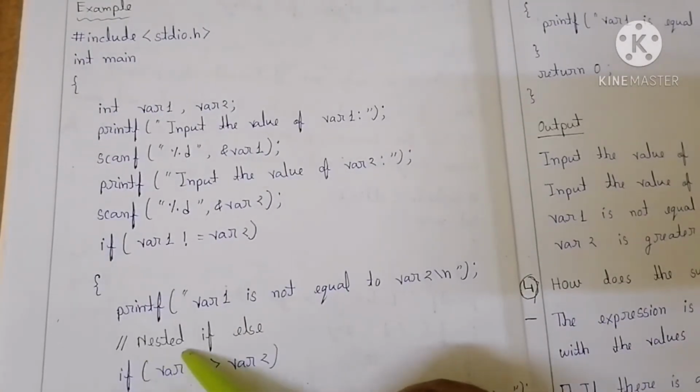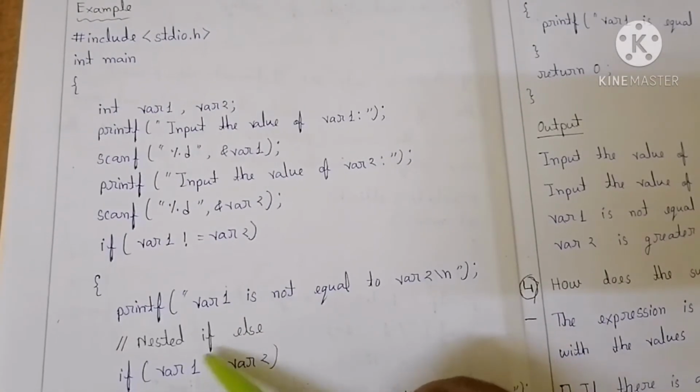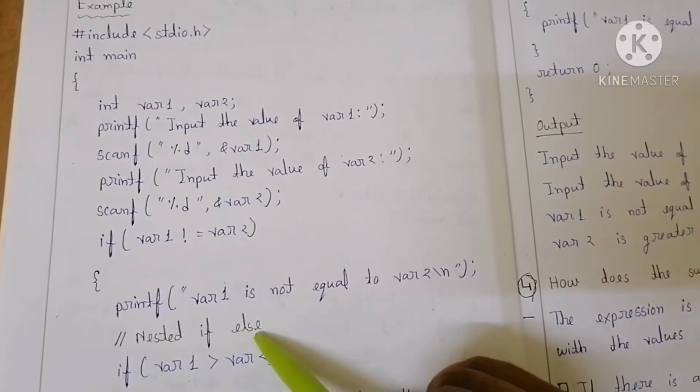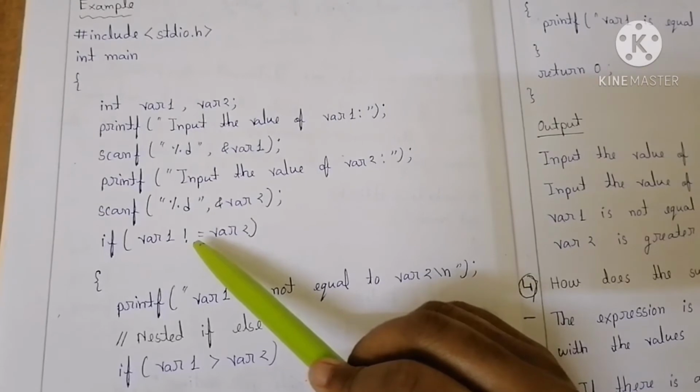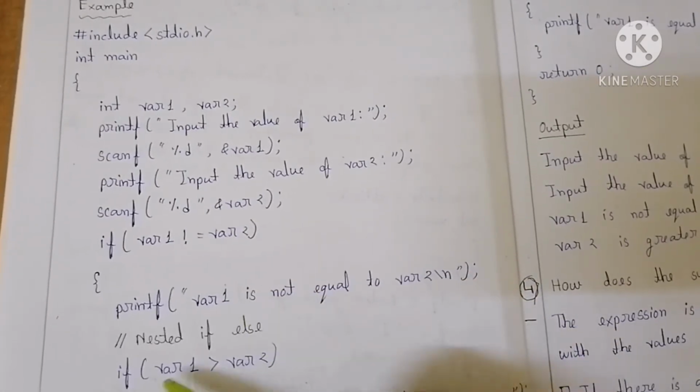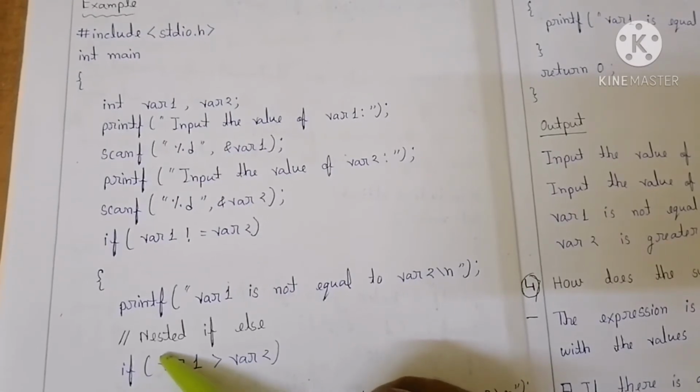From here the nested if else will start. This nested if else statement is present in the body of the if statement. From here the nested if else statement will start.